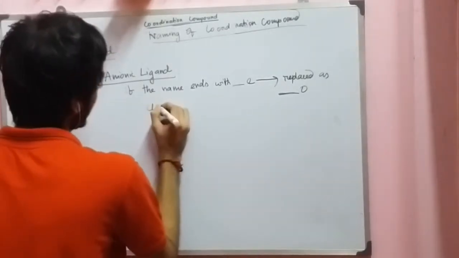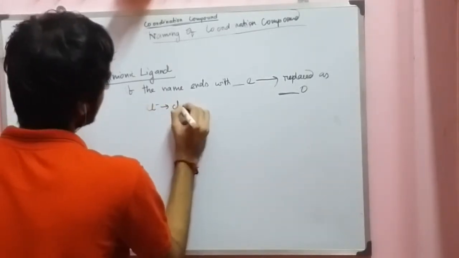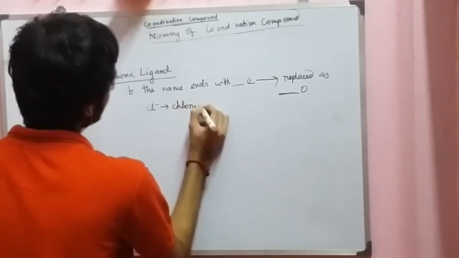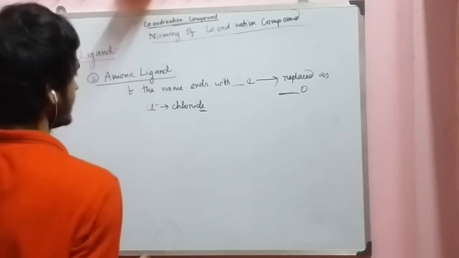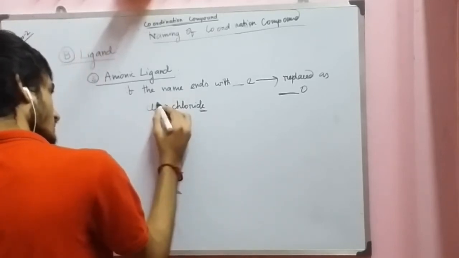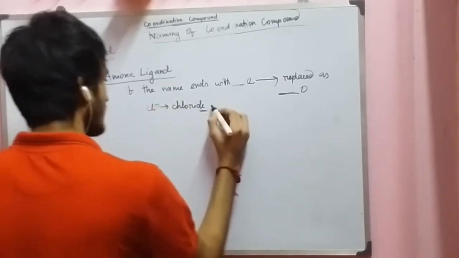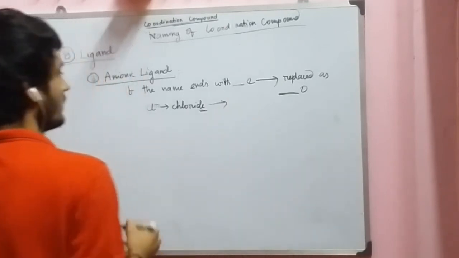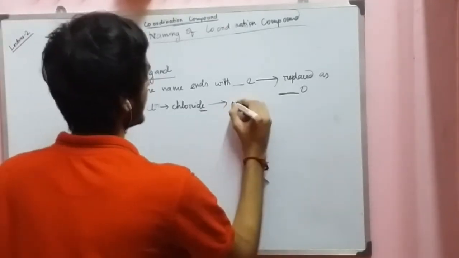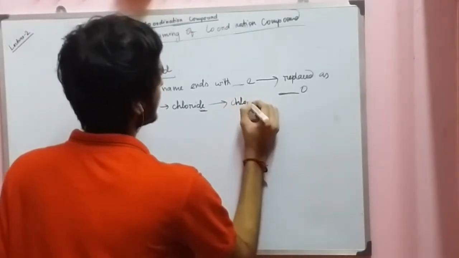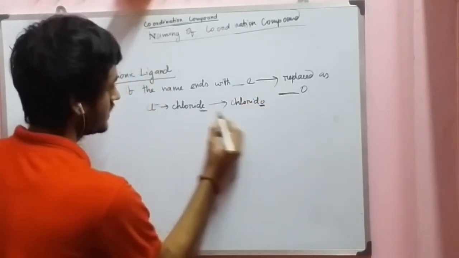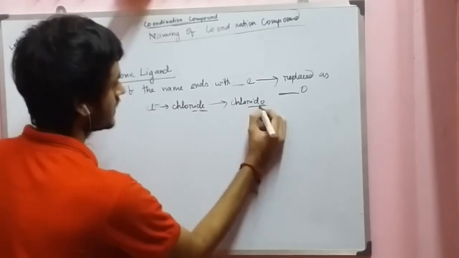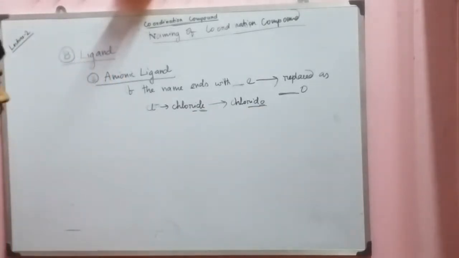Cl minus is chloride. Chloride ends with E, and the ligand is an anionic ligand, so it will be transformed in the naming as chlorido, E replaced with O. I have given one example.